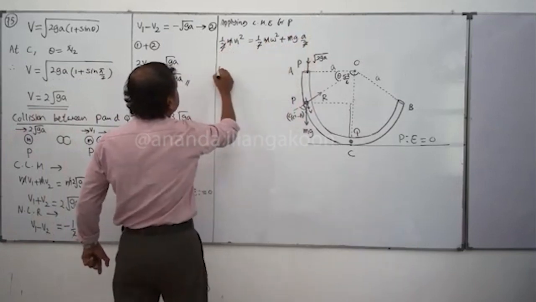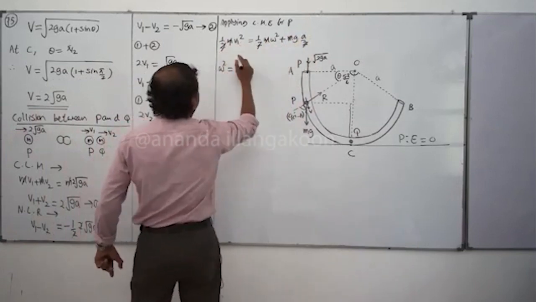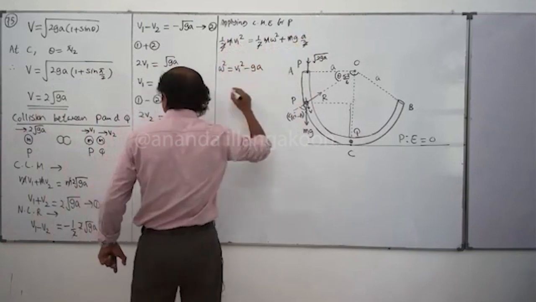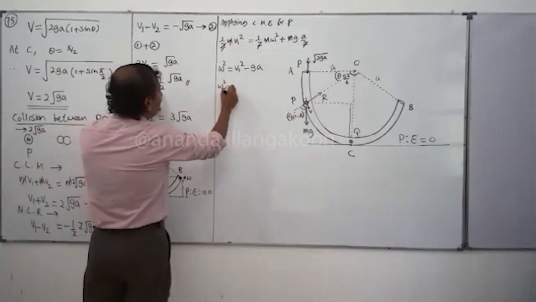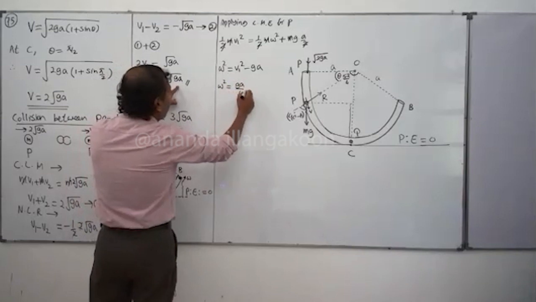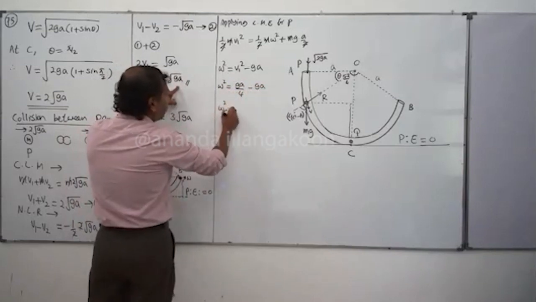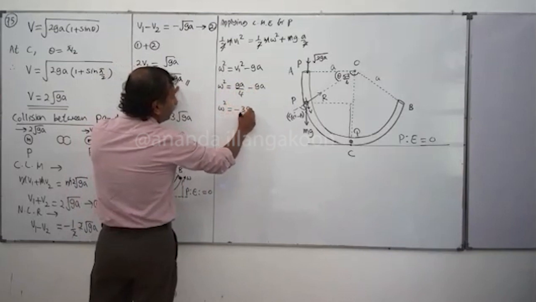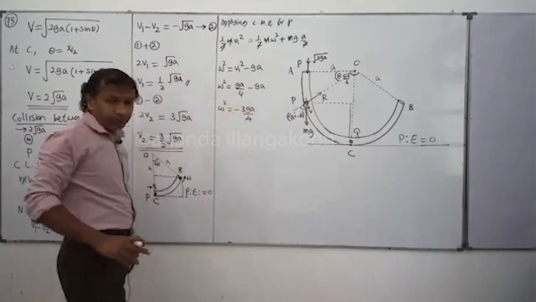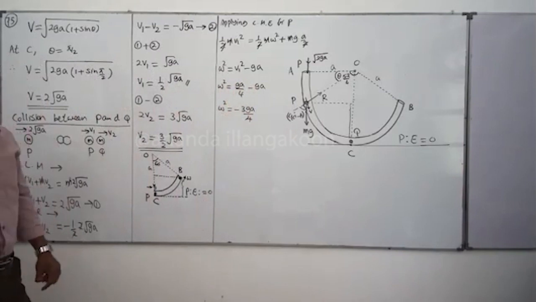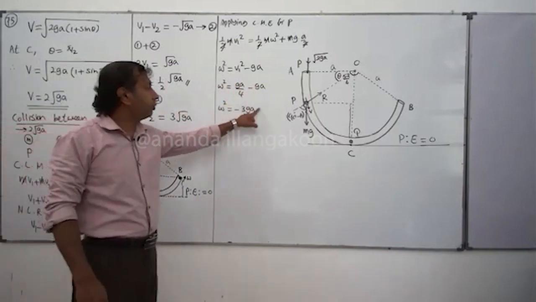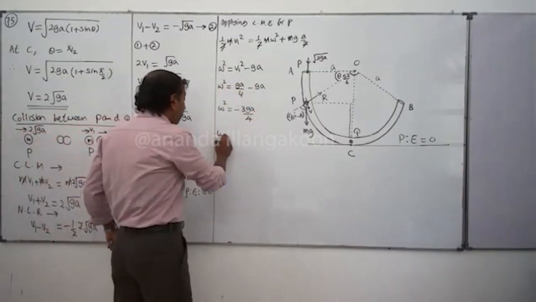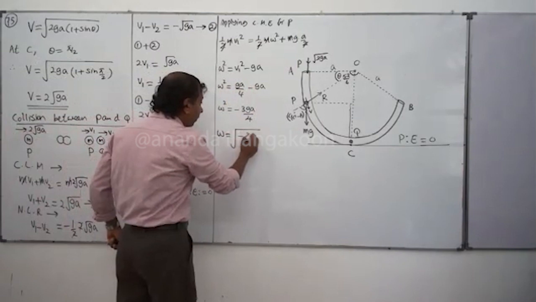Then we can make W squared the subject. Bring this to this side. V1 squared minus gA. But V1 is this answer, so V1 squared is going to be gA divided by 4, minus gA. W squared will be minus 3gA by 4. See here, W squared we get minus 3gA by 4. Understood? Then how to find W? We have to take the square root of this. W is equal to the square root of minus something.